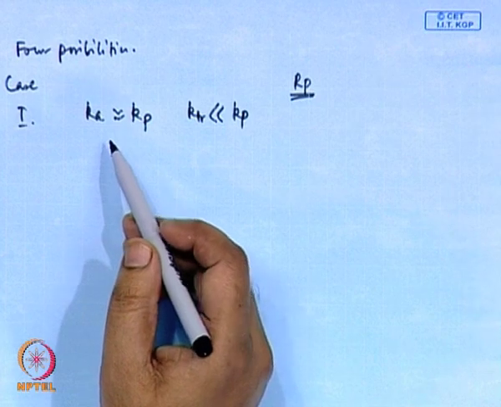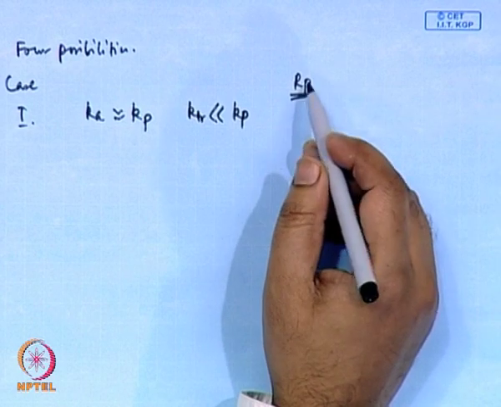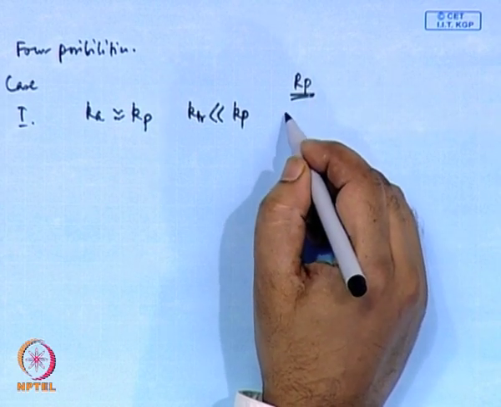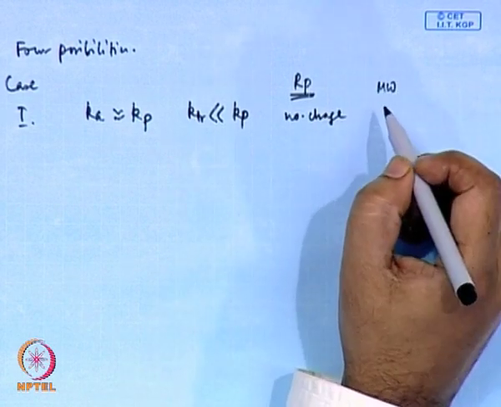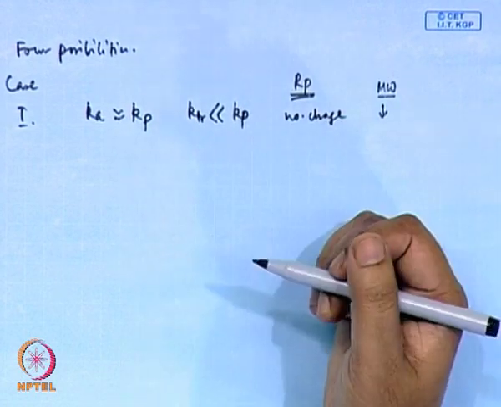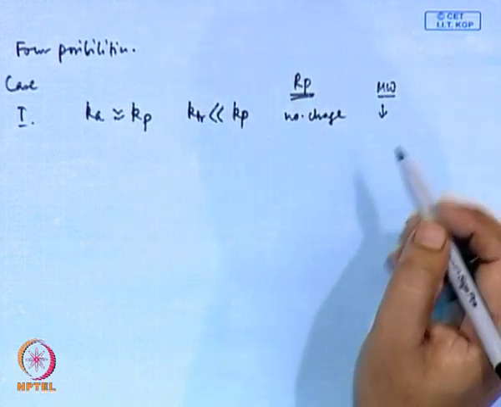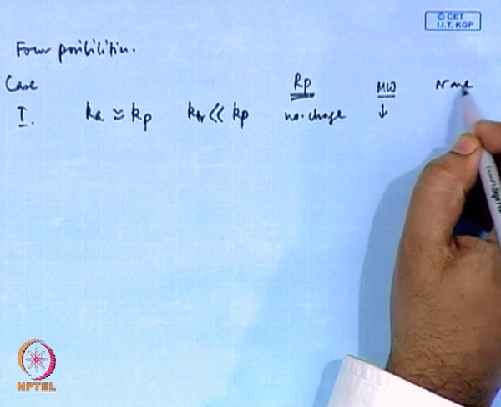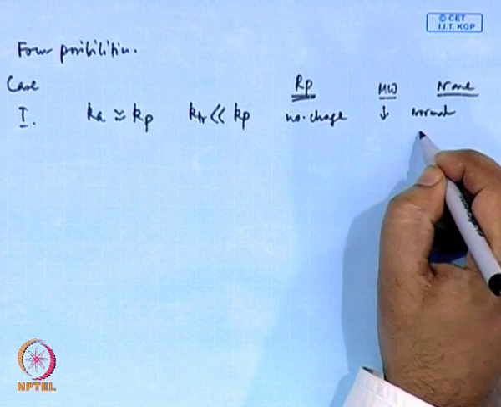Now, if the new radical formed from the transfer reaction is also consuming monomers at the same rate, obviously the rate of polymerization does not change. So, no change. What happened to molecular weight? Obviously decreased, because chain transfer always breaks a chain, and the name we gave for this type of reaction is normal chain transfer.